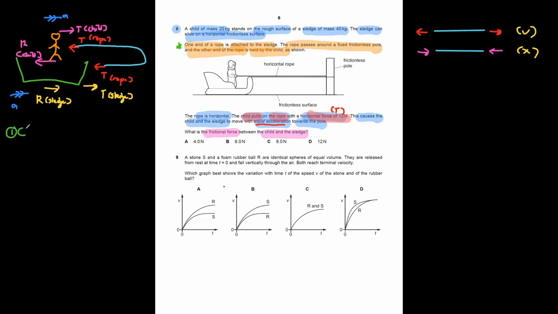So if we say child and sledge as one system, the free body diagram that we would have would look something like this. You have the horizontal force exerted on the child by the rope here, as well as the horizontal force exerted on the sledge by the rope here.